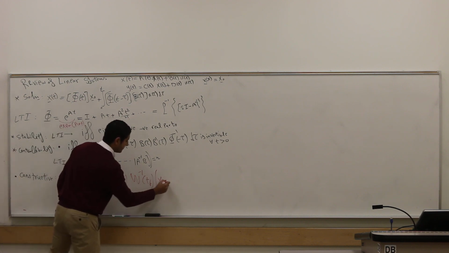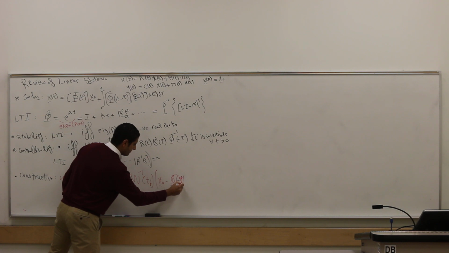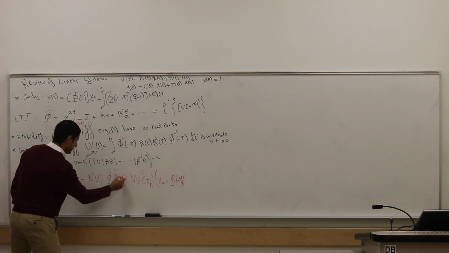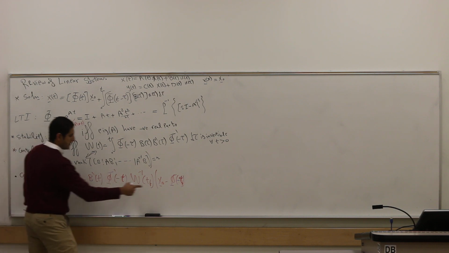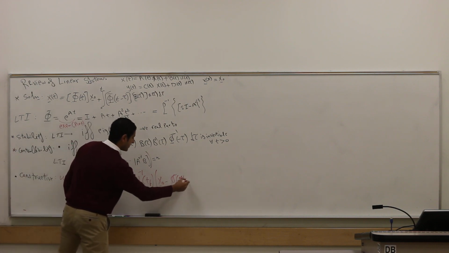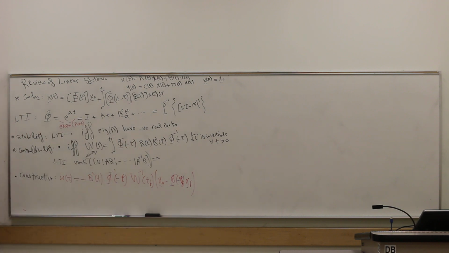Here we have x naught minus Phi(negative t final) x final. We need u of t. You can find the formula in Brockett's book on finite dimensional linear systems.